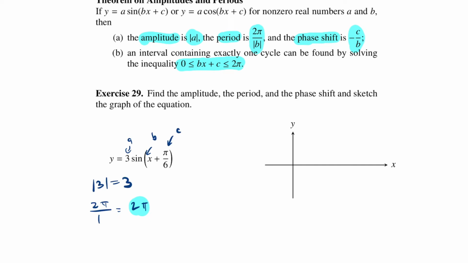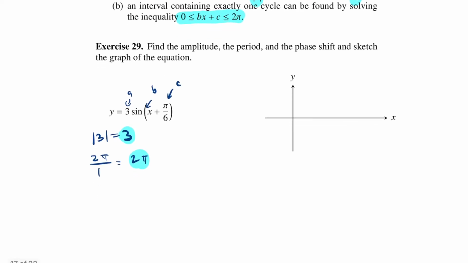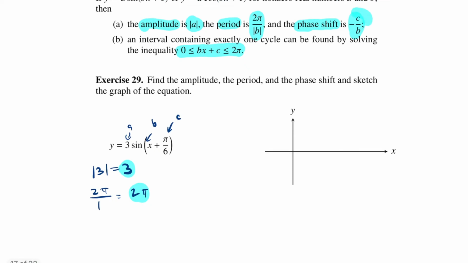Our phase shift, I'll show you how to find the phase shift. You could do c or -c over b if you'd like. That's a fine way to do it, so let's do it that way. The phase shift is going to be -c over b. All right, so we have amplitude, period, and phase shift.